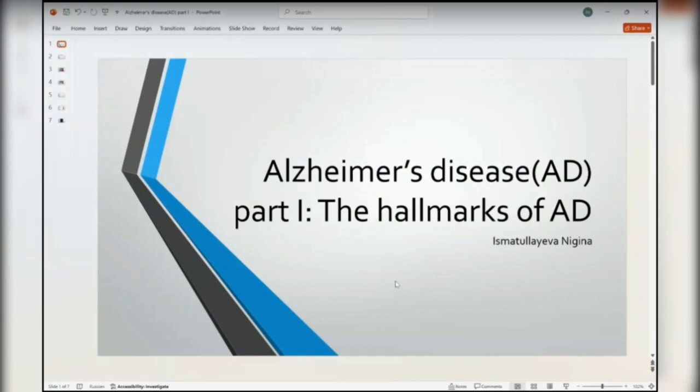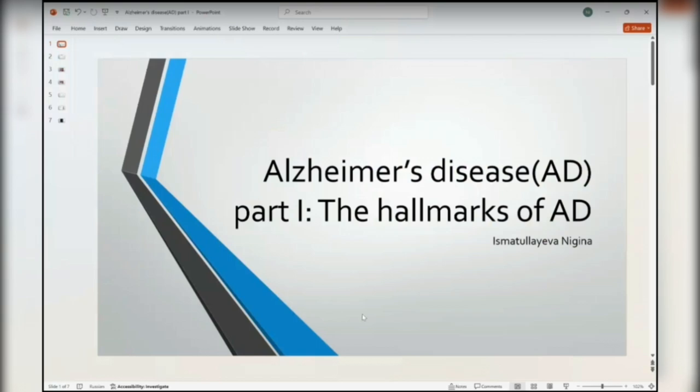This is especially true in certain regions of the brain that are important in memory. And there is a third main feature of AD, which is the loss of connections between cells. This leads to diminished cell function and cell death.